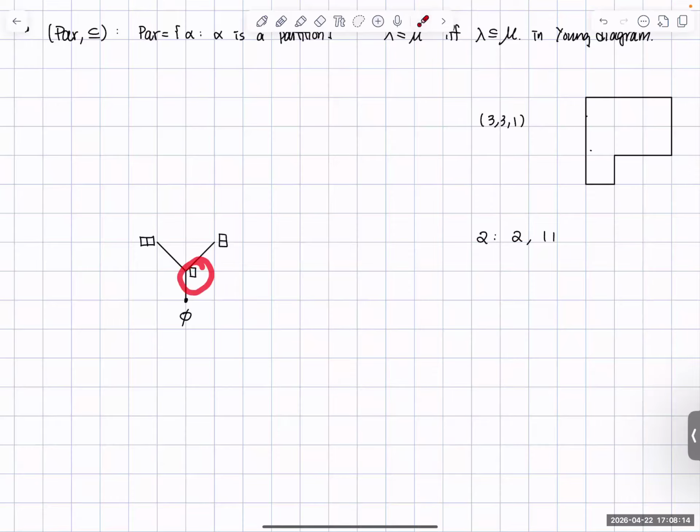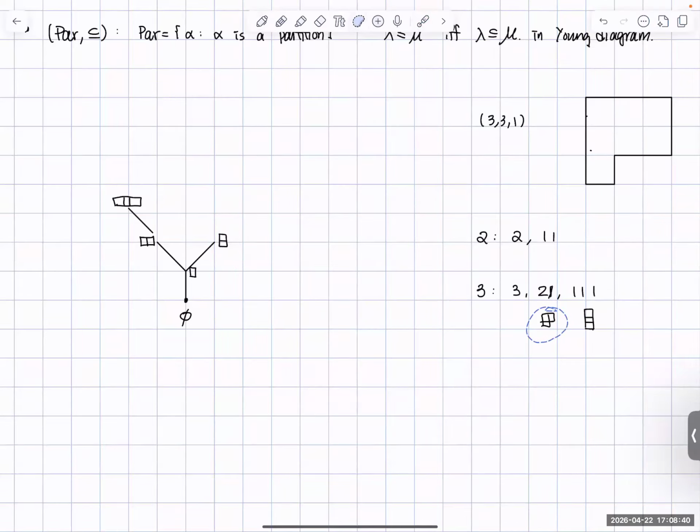They both include 1 box, so that's good. Now let's look at 3. 3 would be 3, 2, 1, and 1, 1, 1. So you will have something like this, 2, 1, and 1, 1, 1. Now let's think about the 3 here. The 3 is definitely including this guy, but definitely not this guy.